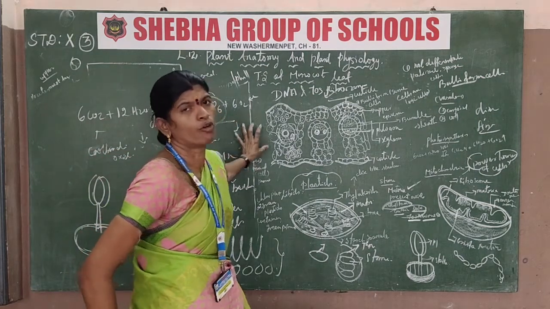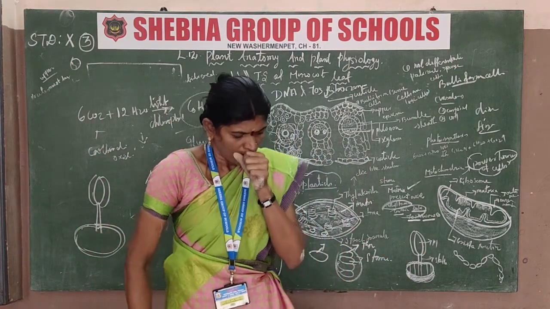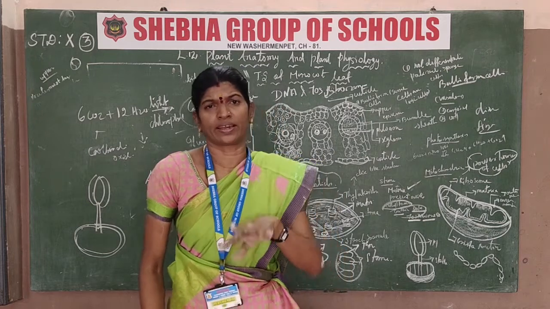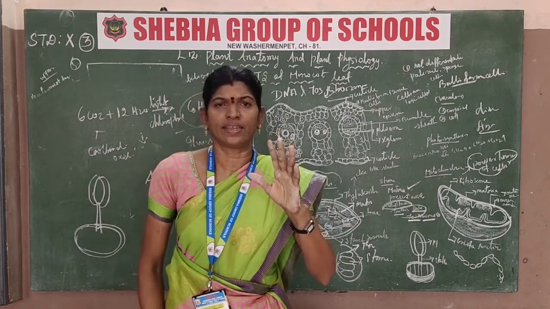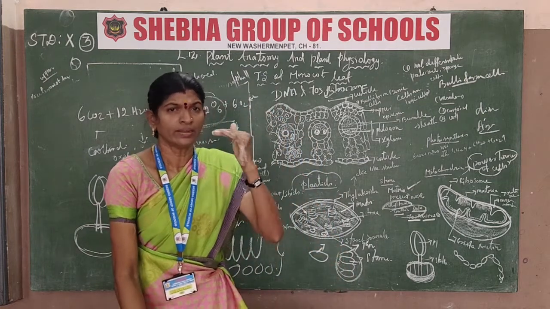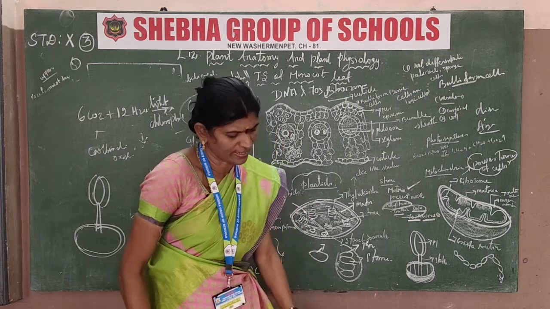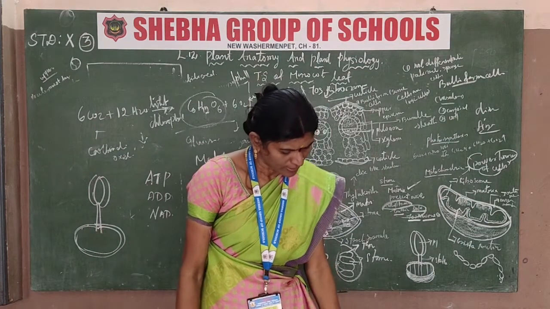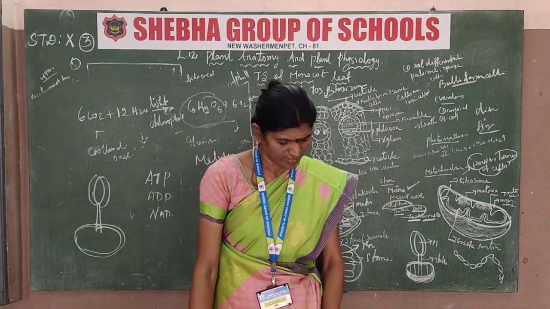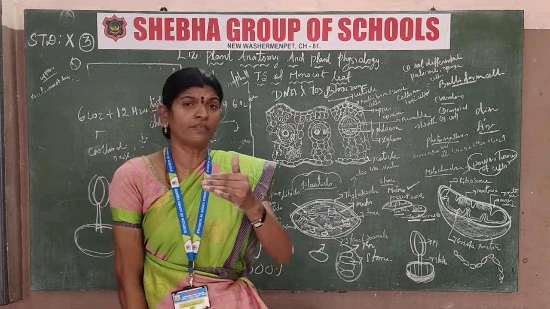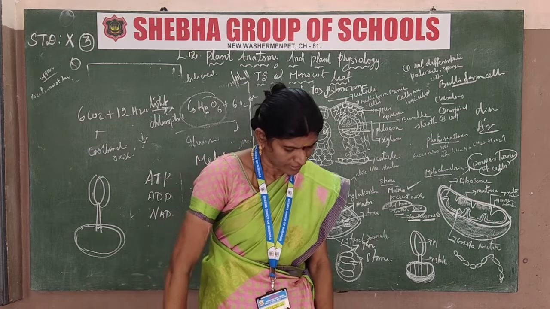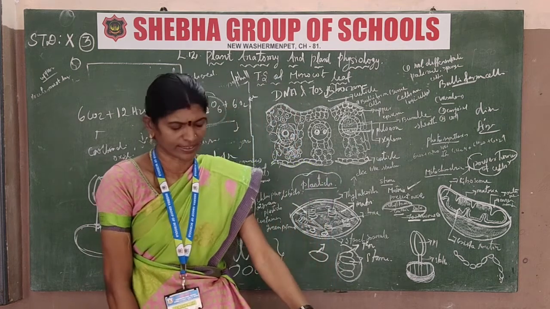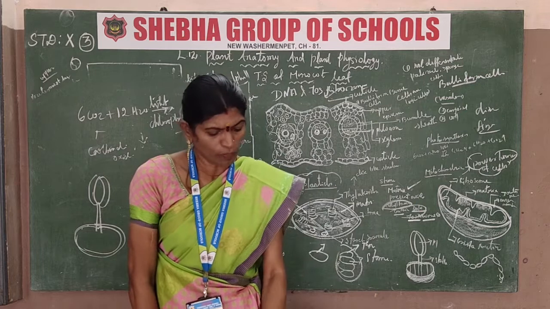Next is the Calvin cycle. In further classes, 11th and 12th, you will study C3 and C4 carbon one by one in detail. So the Calvin cycle was discovered by Melvin Calvin. Next, artificial photosynthesis is producing renewable energy. Who discovered it? The Indian scientist Bharat Rans discovered artificial photosynthesis.